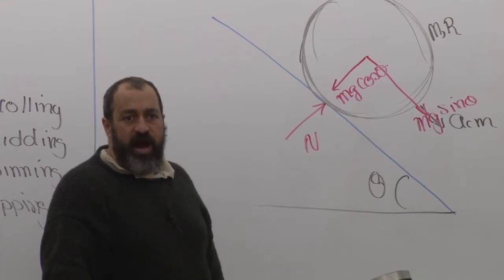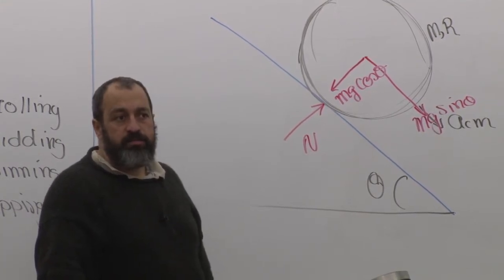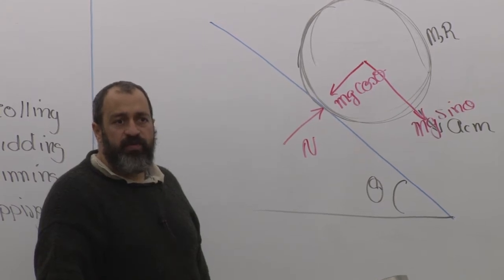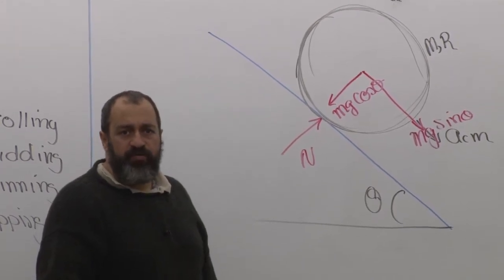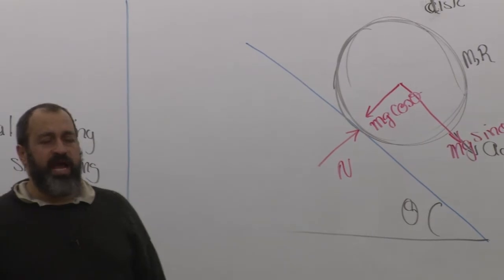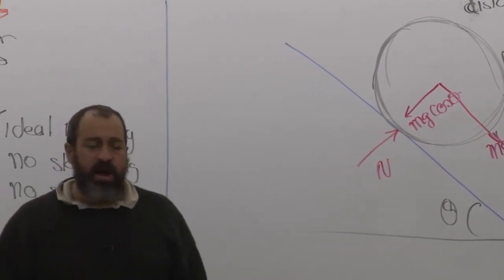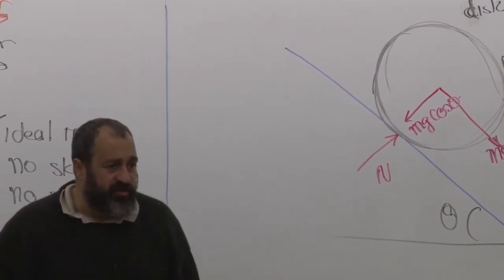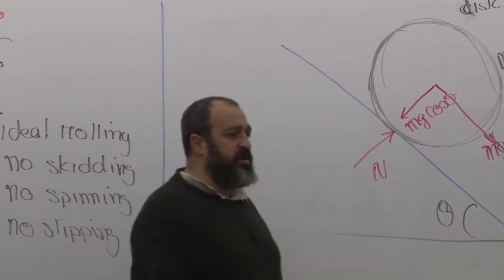Should it be down or up? Who's for down? Who's for up for the force of friction? Why does it have to be one way or another? Can you prove conclusively that it has to be one way or another?